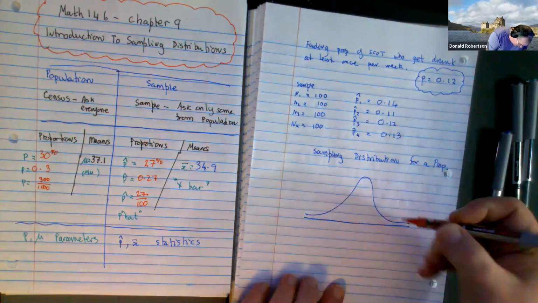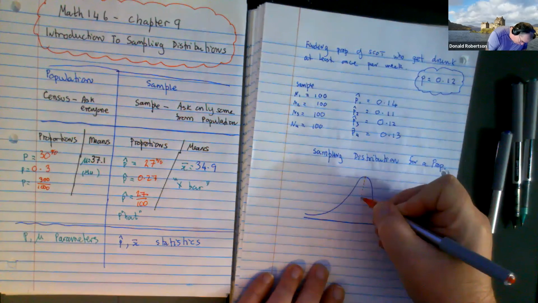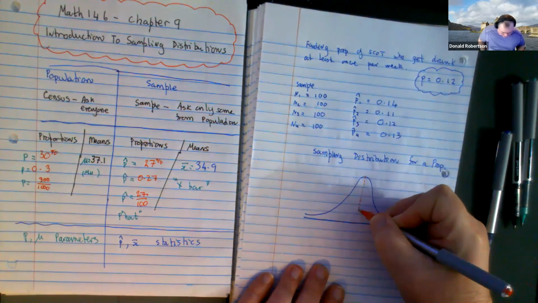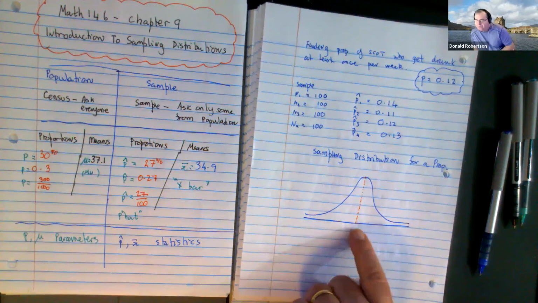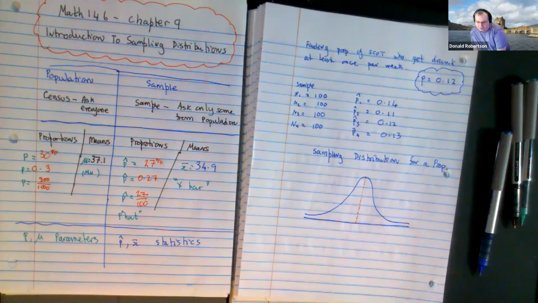Right in the center is the kind of number that happens more often than any others. What value of p-hat do you get right in the center? What would you expect that number to be?